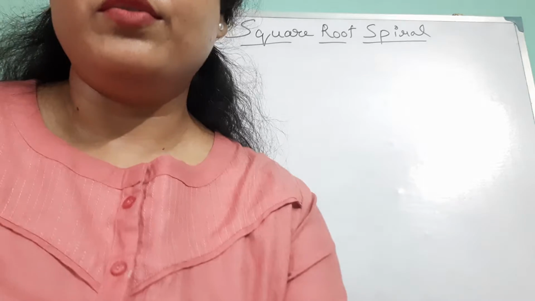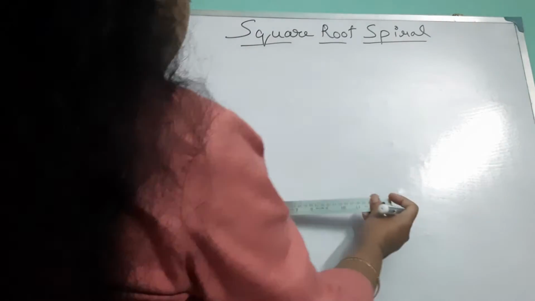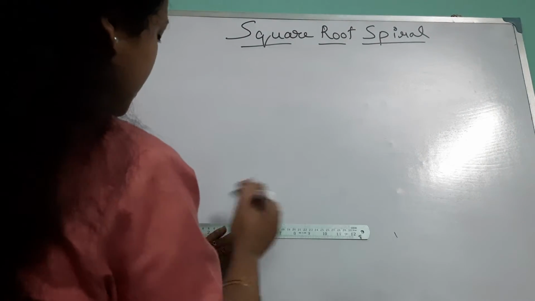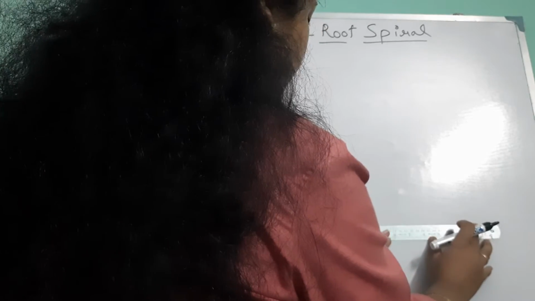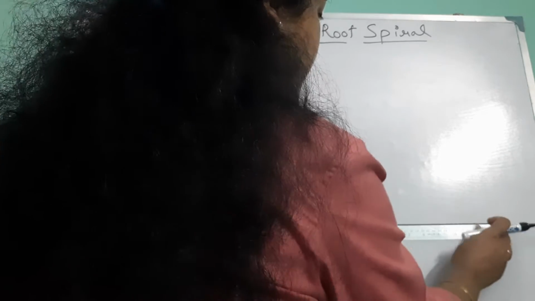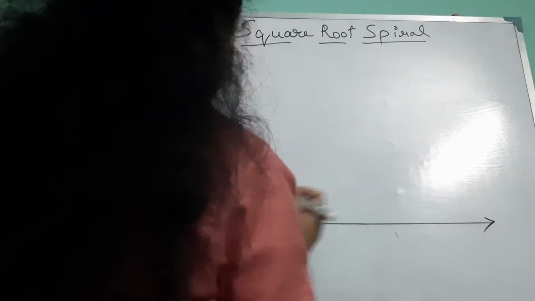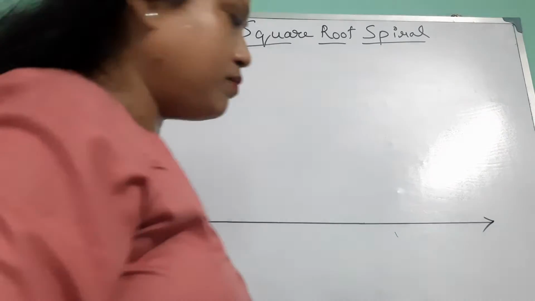To draw the square root spiral, first we have to draw the number line. We all know the number line, the line on which we represent different types of numbers, with arrows on both sides.